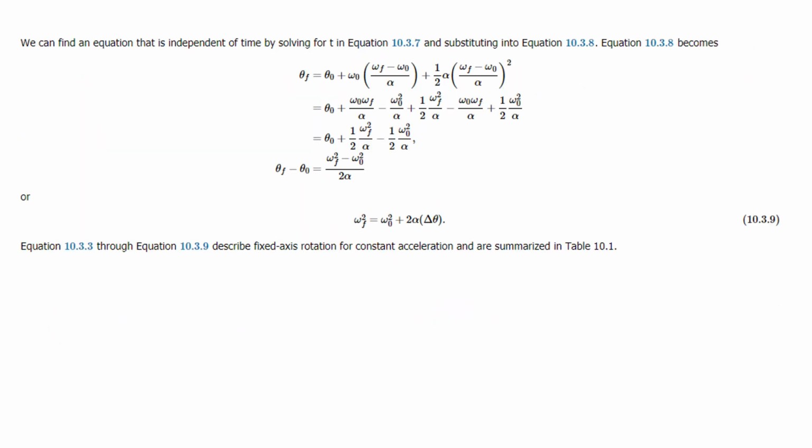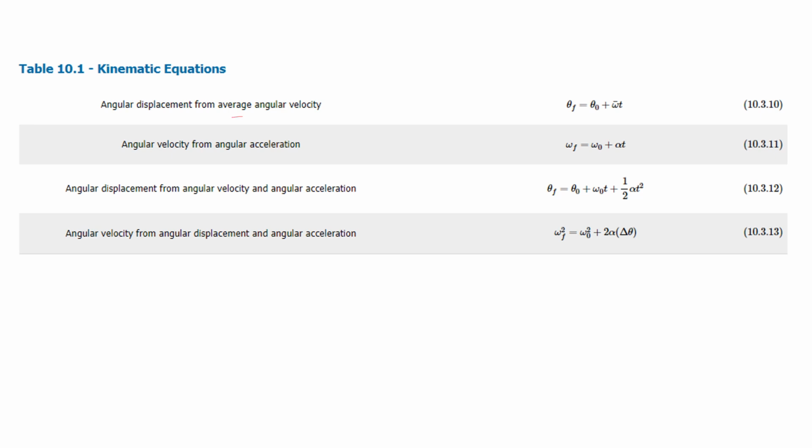We can find an equation that is independent of time by solving equations 10.37 and 10.38. Using this relation, we end up with theta f minus theta naught equal to omega f square minus omega naught square over 2 alpha, and that can be written like that. So, angular displacement from angular velocity is this.